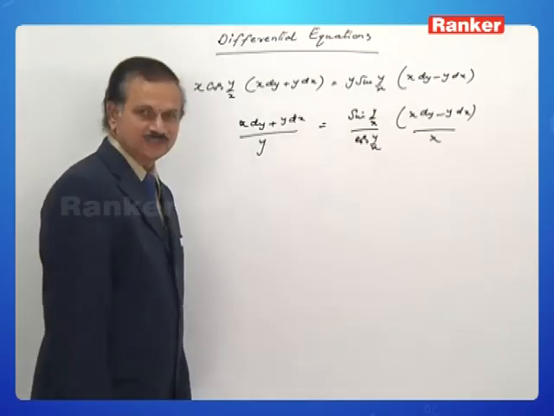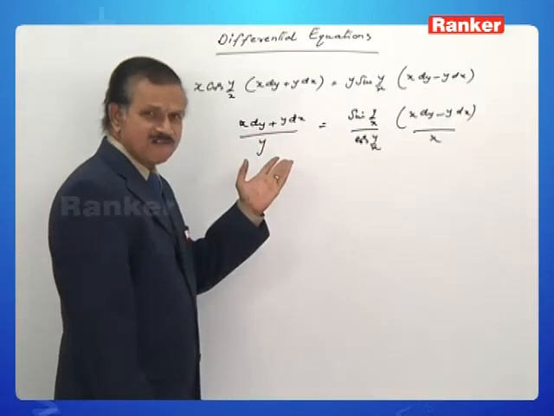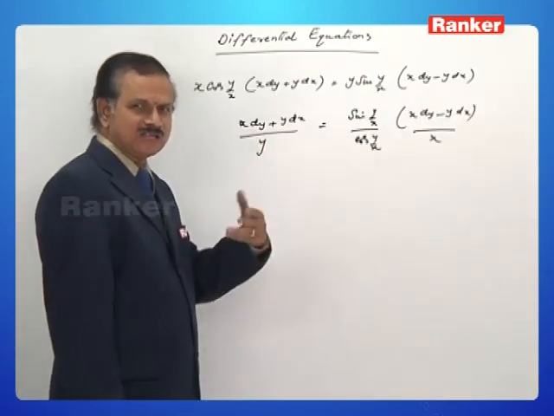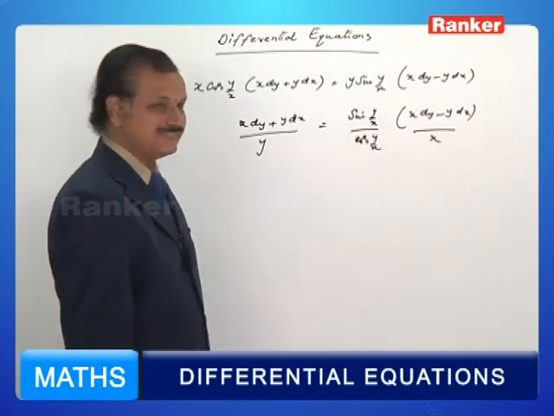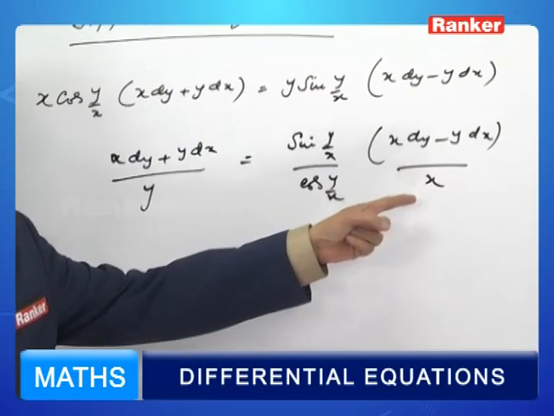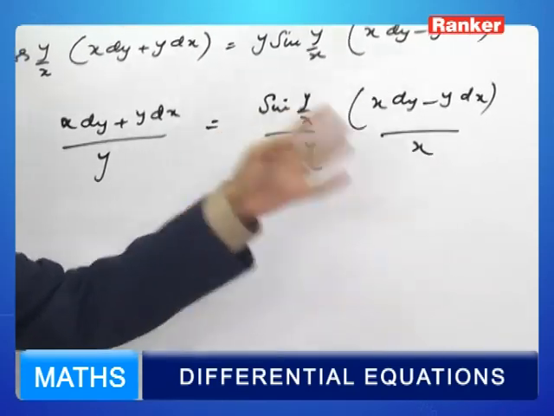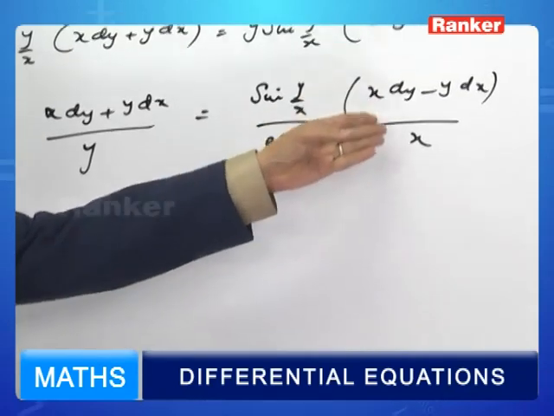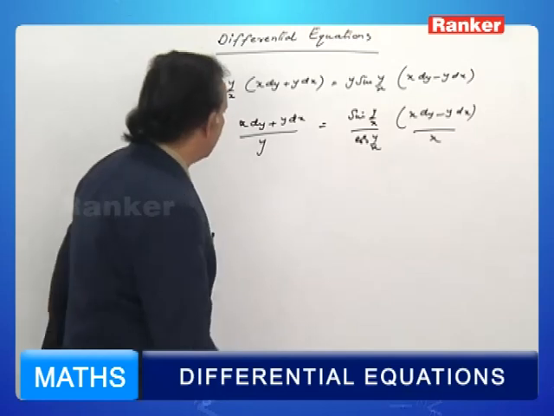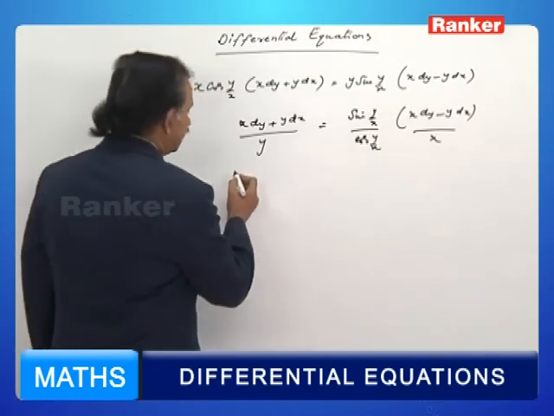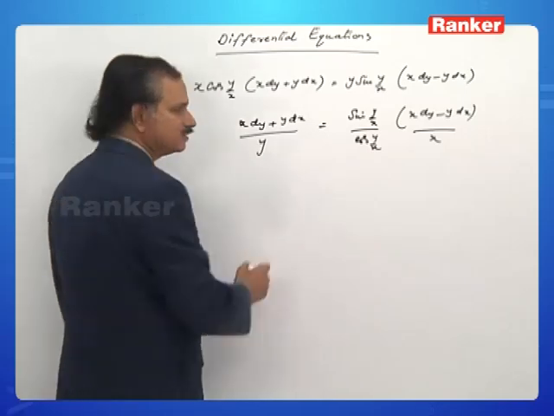Now you imagine it is x dy + y dx. Is it in the standard form of differentials, or is anything to be done here? Similarly, x dy − y dx is there. Here you need x². If x² is present, then you can treat this as d(y/x). Therefore, I am dividing the entire equation by x.